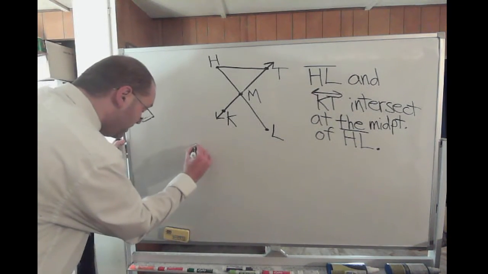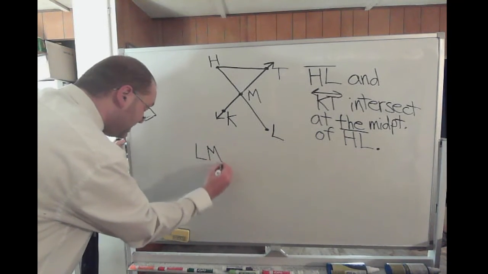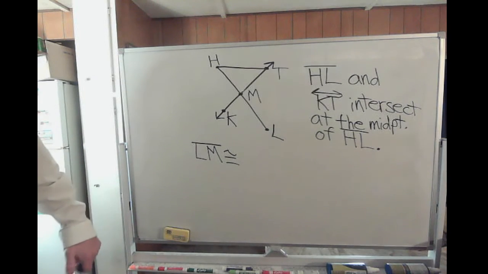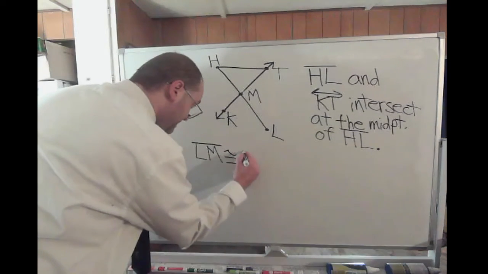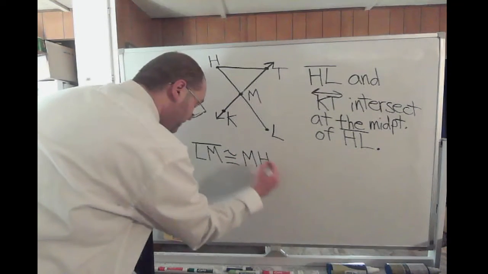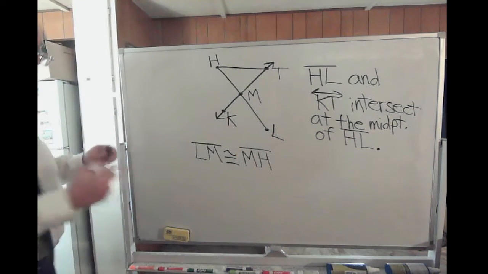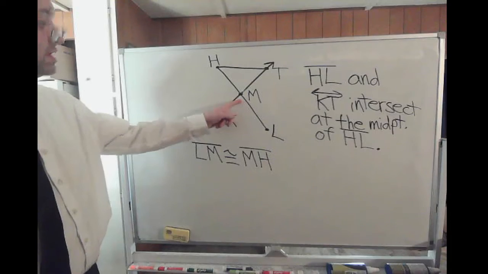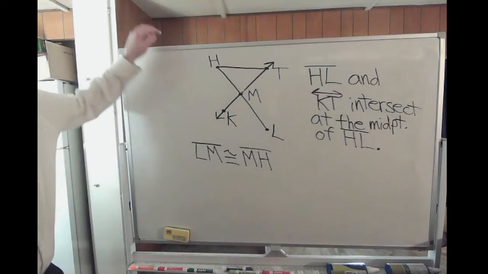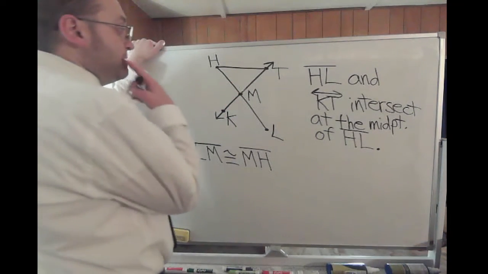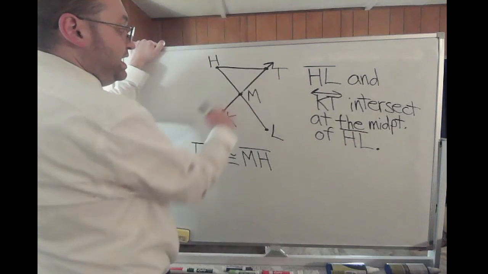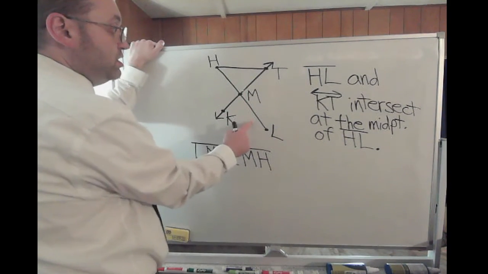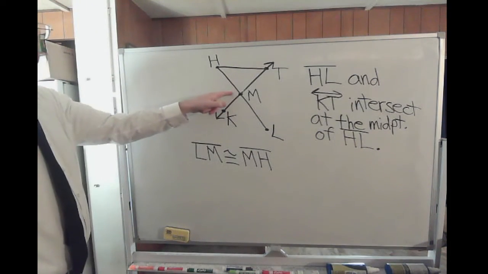How about this one? Line segment LM is congruent to line segment MH. This is a statement we need to classify as true or false. Is line segment LM congruent to MH? Well, the line segment and the line intersect at the midpoint of HL. They intersect at point M, do they not?